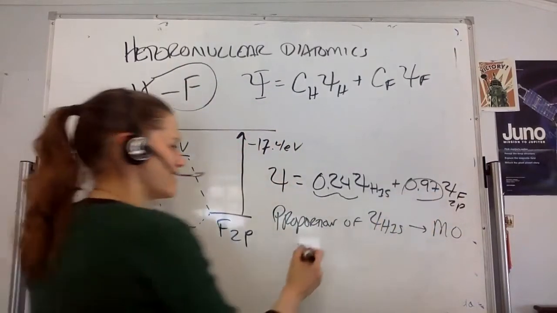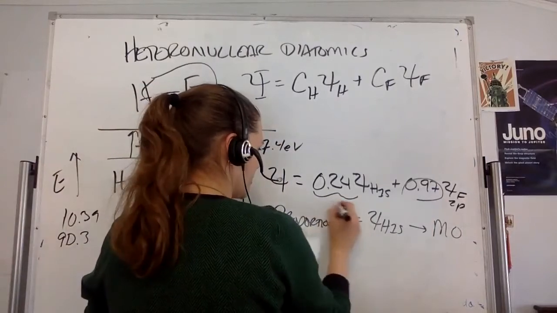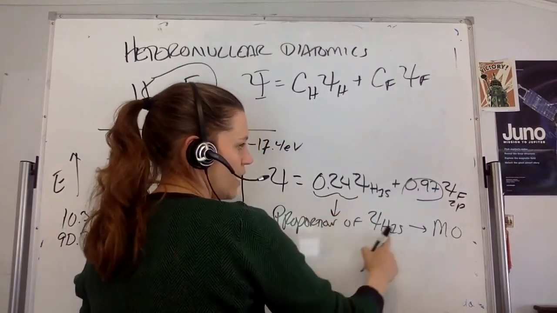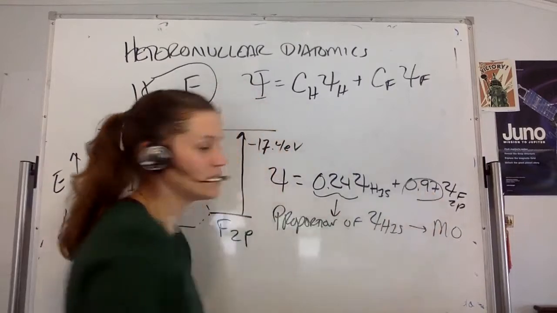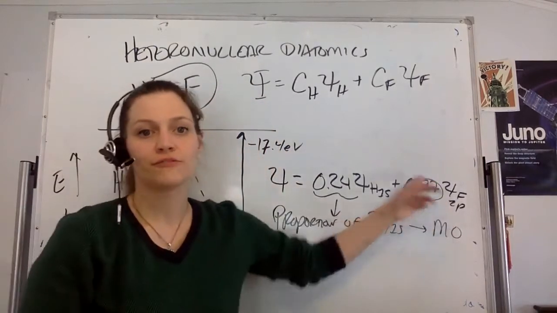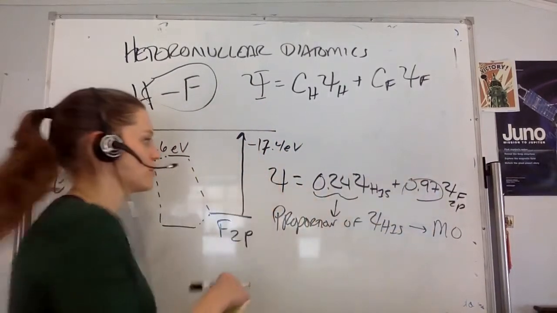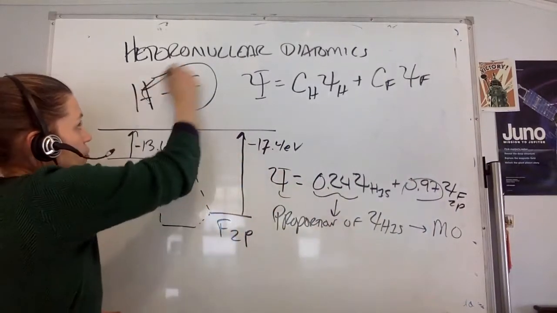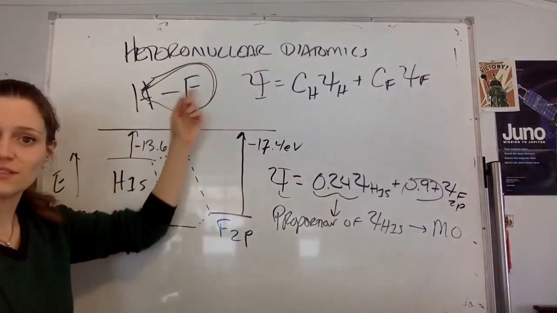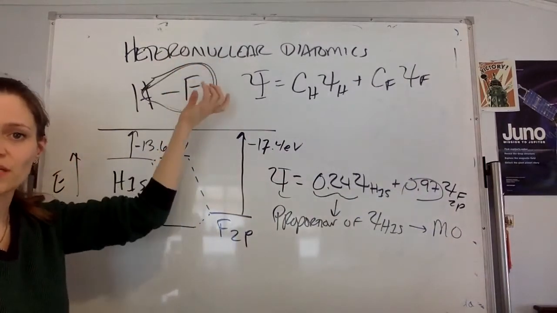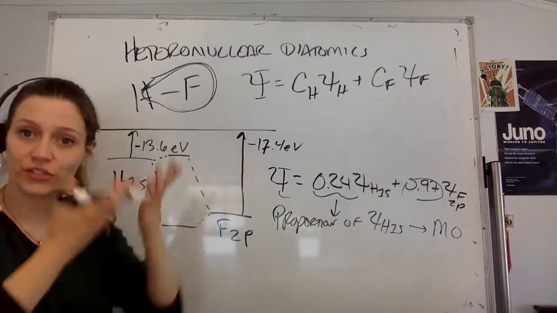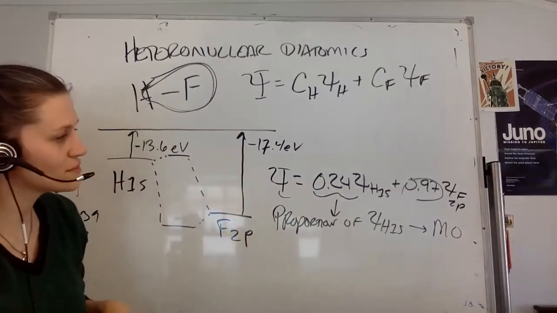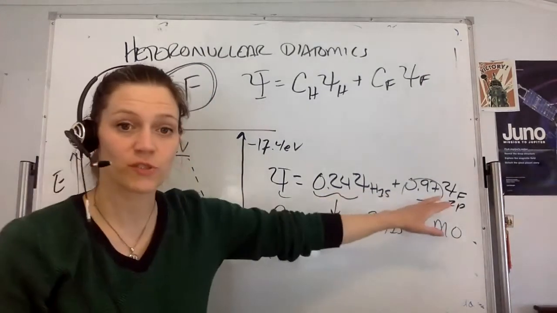And 97% is the proportion of psi F contributing to the total wave function of the molecular orbital bonding together. So 97% of the fluorine character of the wave function is contributing to the molecular orbital. And that's what these coefficients represent.